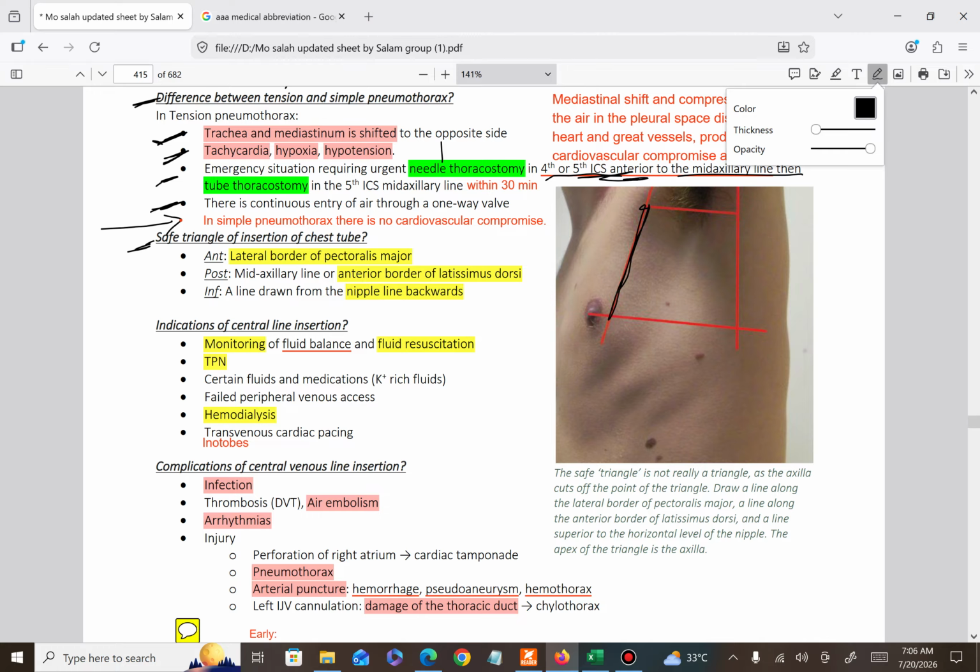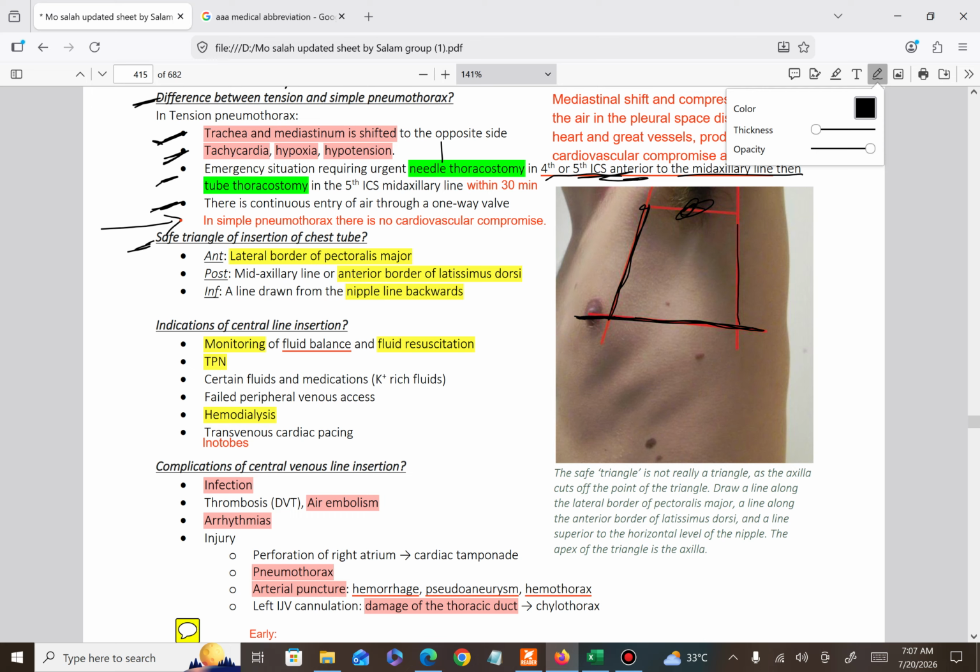Then the posterior border is formed by the mid axillary line or anterior border of latissimus dorsi. Then the inferior border is formed by the line drawn from the nipple line backwards. Okay, and the apex is formed by the axilla.